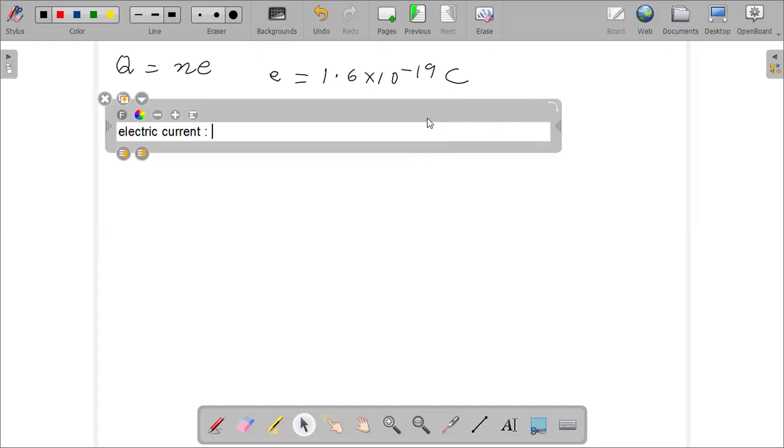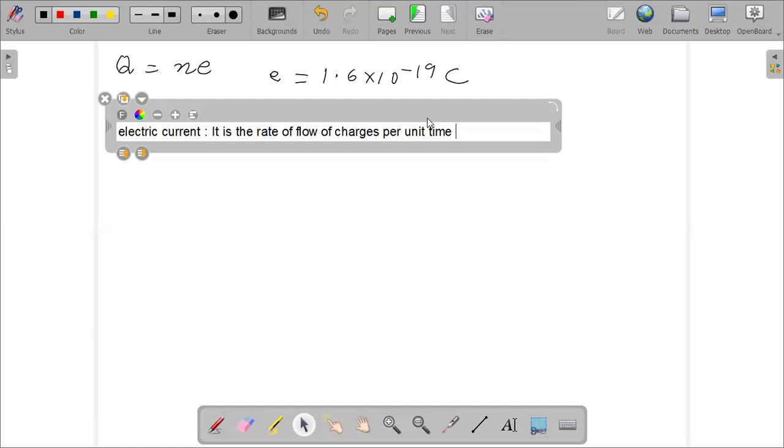So electric current, it is the rate of flow of charges per unit time. So you can consider it how fast the charges are flowing in a unit time. It is called as electric current.